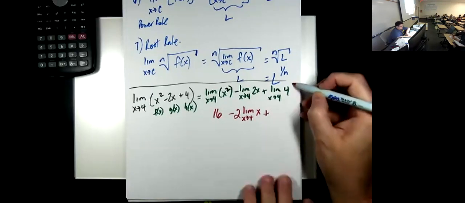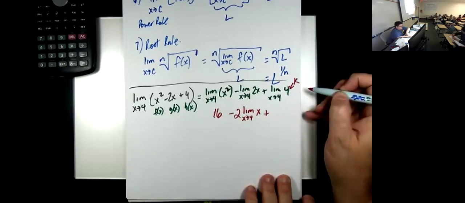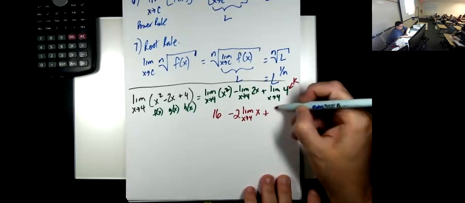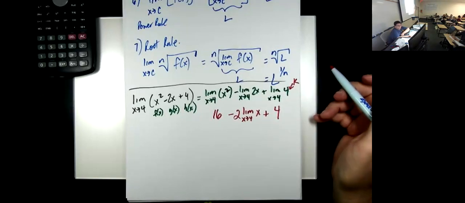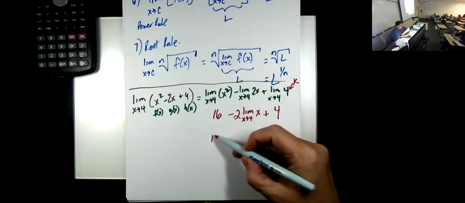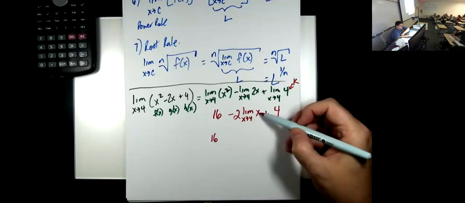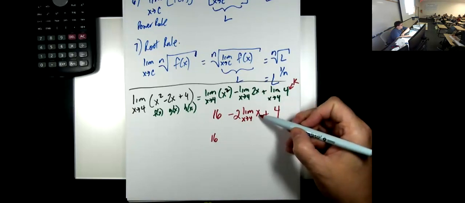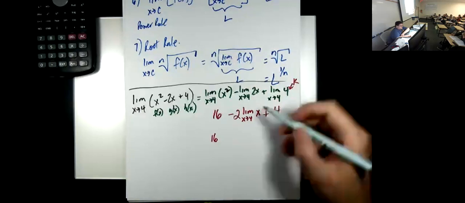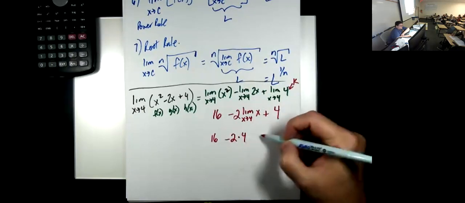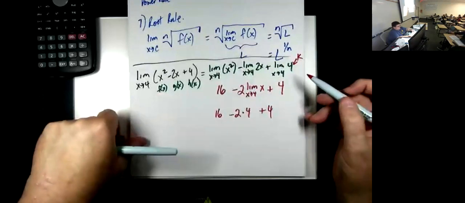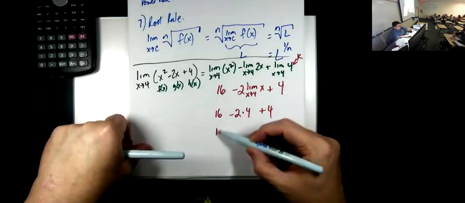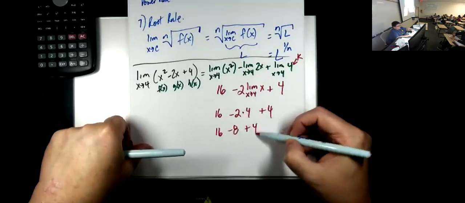This is like the one that had the rule with the k. So whatever k was, that was just the value there. And the limit as x approaches 4 of x, this was I think our second rule. It's just 4. So this is minus 2 times 4 plus 4. So we have 16 minus 8 plus 4 is 12.